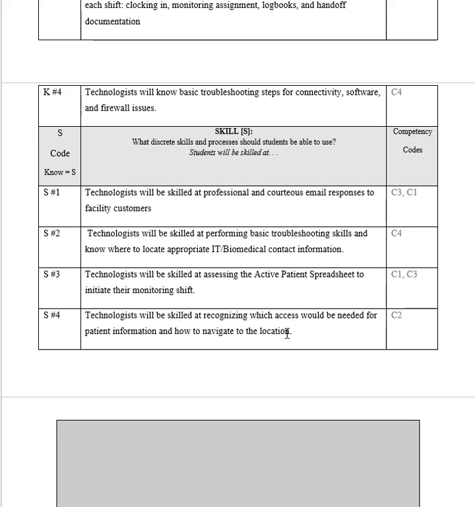And if we have skills that we want our students to specifically be able to achieve during the course, you would list them in this section, with the codes on the left, and on the right the competency codes that are connected with those skills.